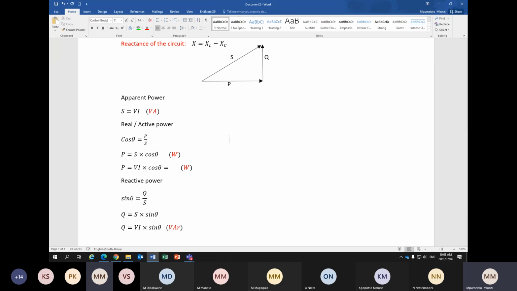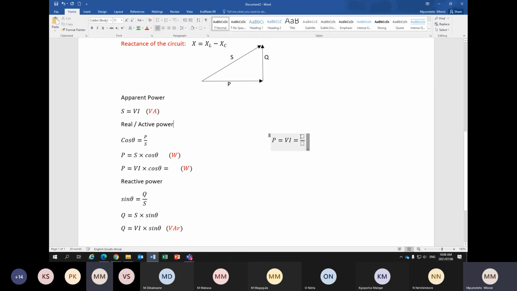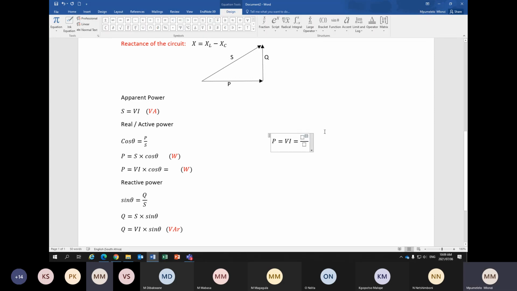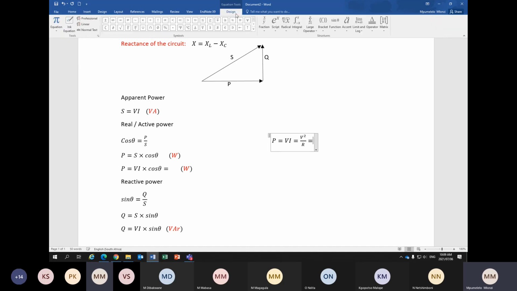Just to remind you, remember power in a resistive circuit: power is equal to V times I, or power is equal to V squared over R, or power is equal to I squared multiplied by R. Do you remember this?